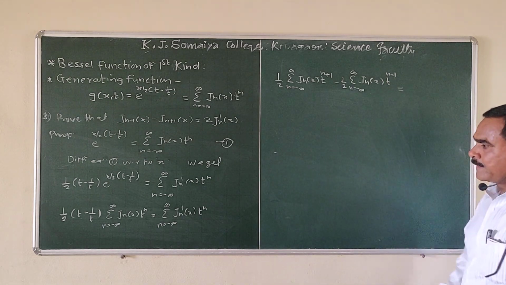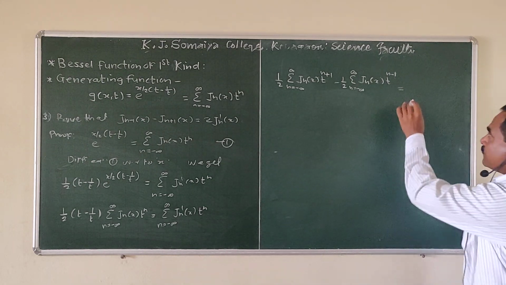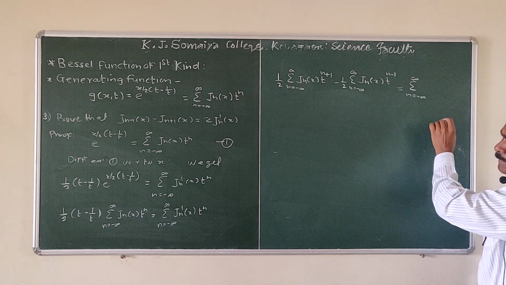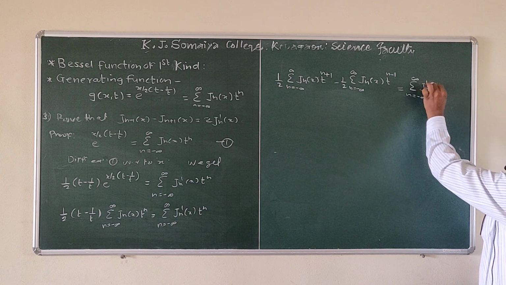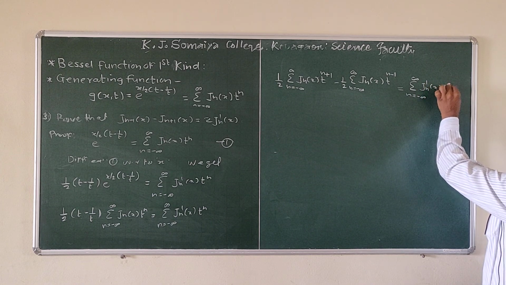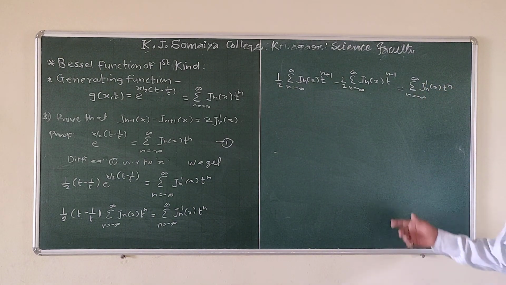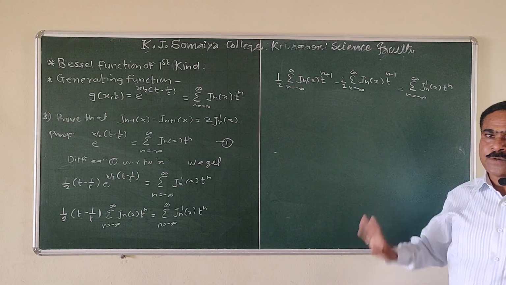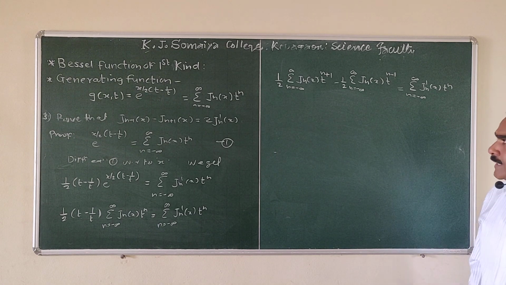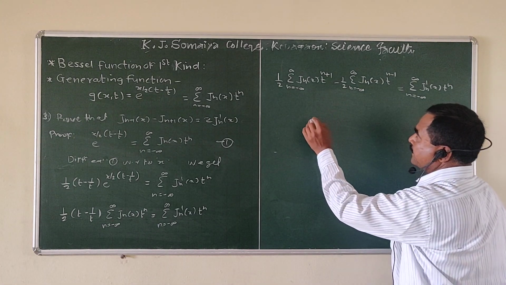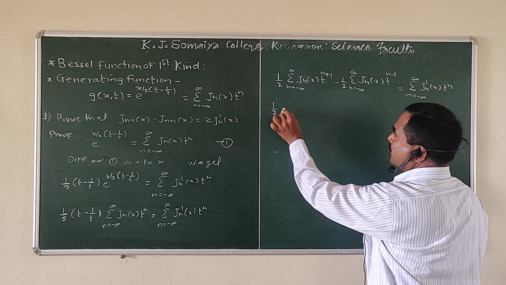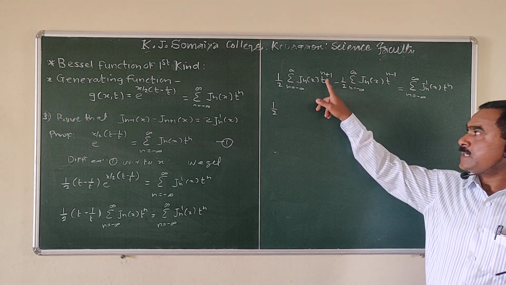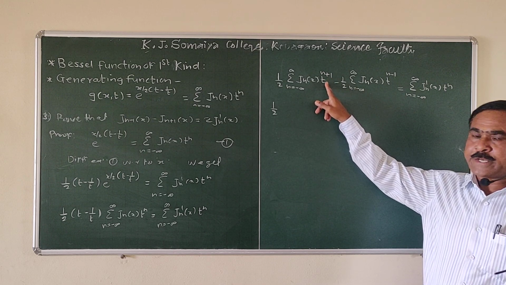equal to, the right hand side is summation n from minus infinity to plus infinity J n dash x t raised to n. Then we have to compare the coefficients of t raised to n on both sides. Comparing, half, here t raised to n plus 1, the power of t is n plus 1, so we have to get t raised to n.